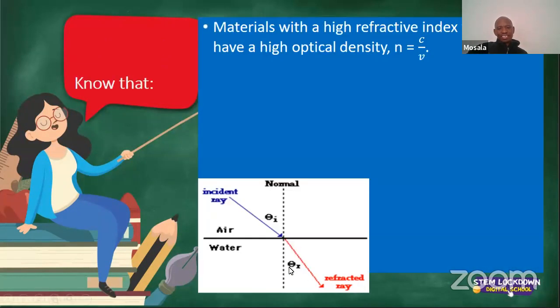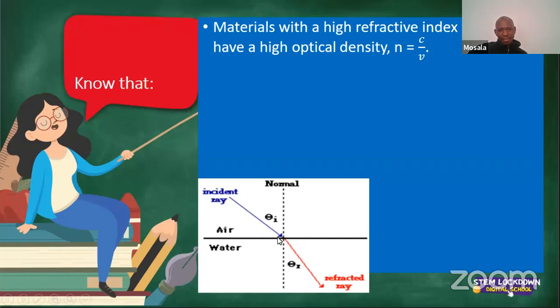So a refracted ray is the same ray, but as it moves from a material like air to water, and water will have a different refractive index, so it will have a different optical density. So the light ray will be refracted.